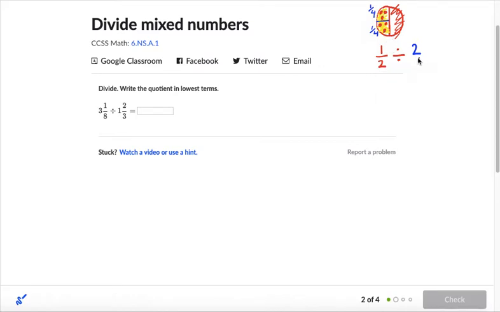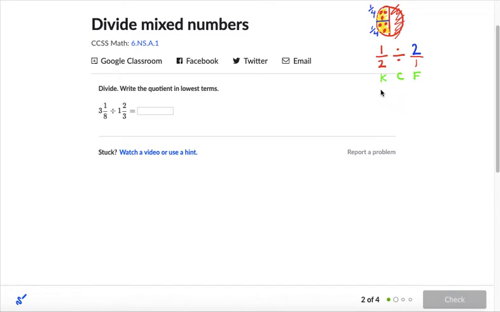Let's look at how that shapes up mathematically. First of all, we know that whenever we've got a whole number, that's the same as itself over 1. So we were talking about 1/2 divided by 2 over 1. Let's look at the concept of keep, change, flip. We keep this fraction, we change the operation, and we flip the second fraction, we take its reciprocal, which is flipping it over.